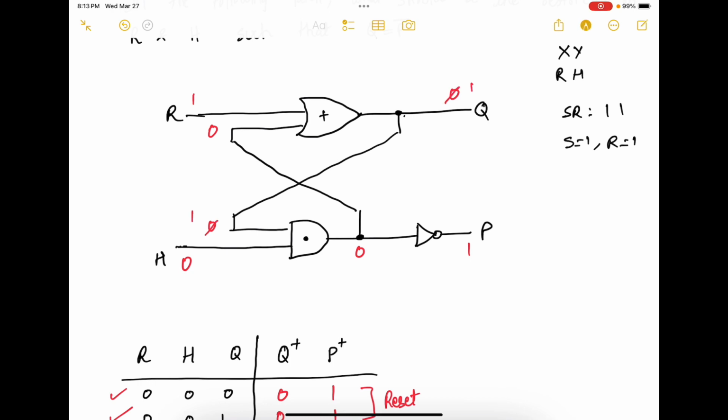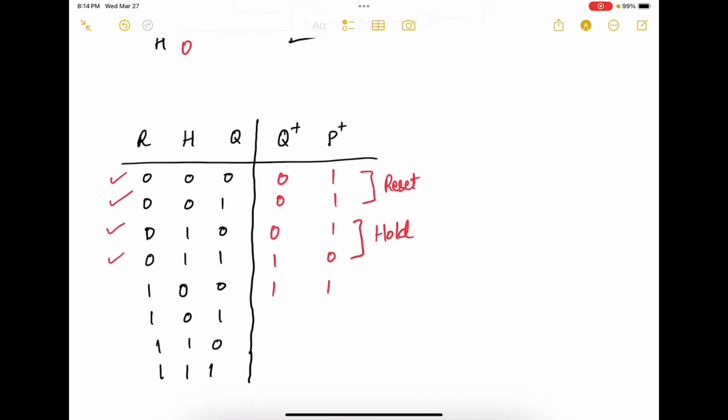This 1 goes down here. 1 and 0 is 0, and the circuit stabilizes. Therefore, when R is 1, H is 0, and Q is 0, Q plus equals 1 and P plus equals 1. As you can see, this is clearly a violation of Q being the complement of P. So let's put a star here.